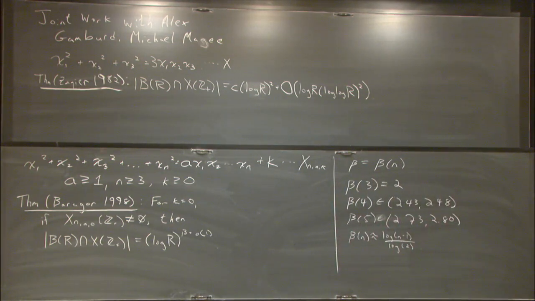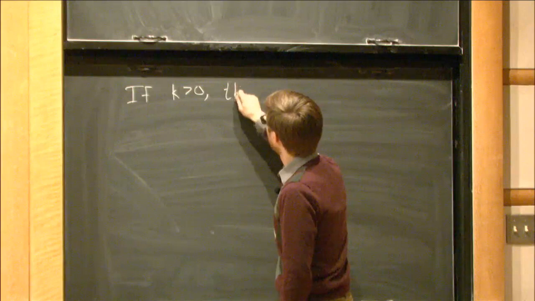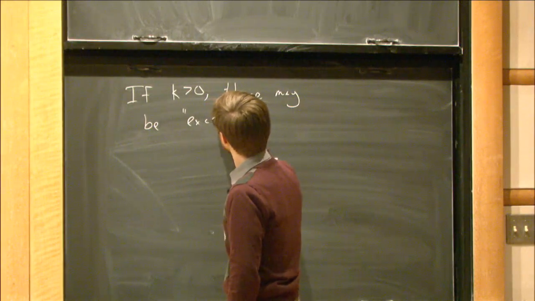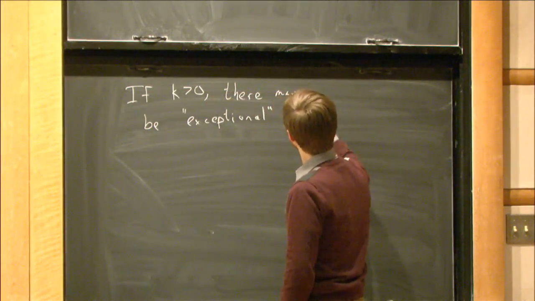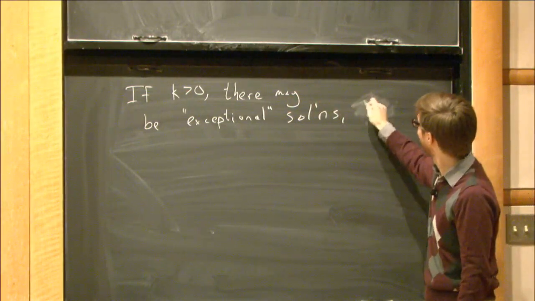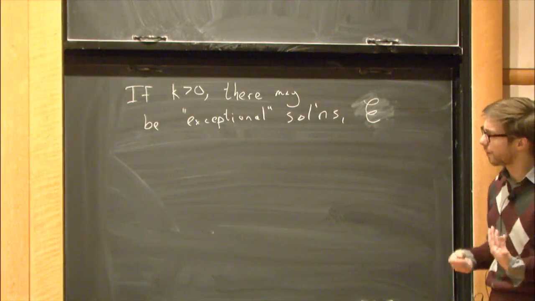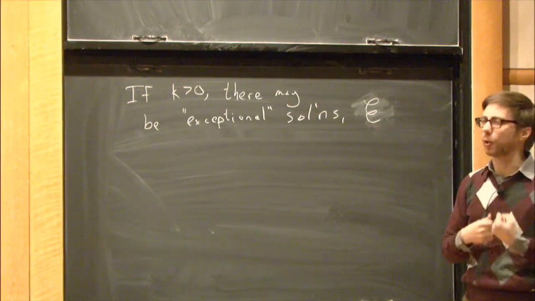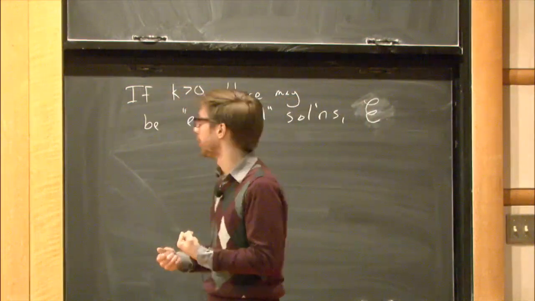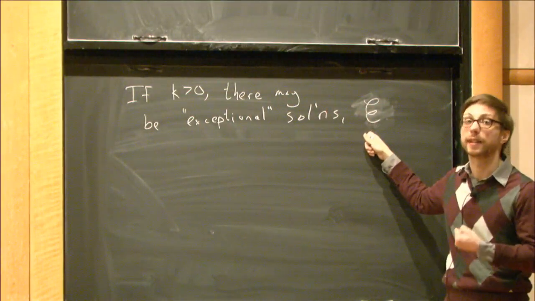It turns out that if k is greater than 0, there may be these exceptional solutions, which I will refer to as the set script E. The reason that these solutions may be exceptional is they exhibit a different quality of growth than what we expect from these formulas. It's not the type of growth we're trying to count. In particular, the growth of the exceptional solutions is at least linear in R.